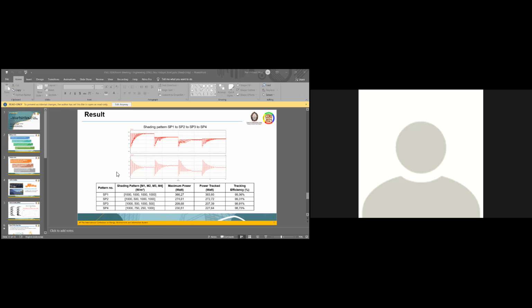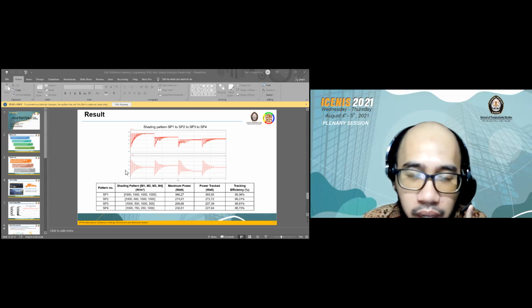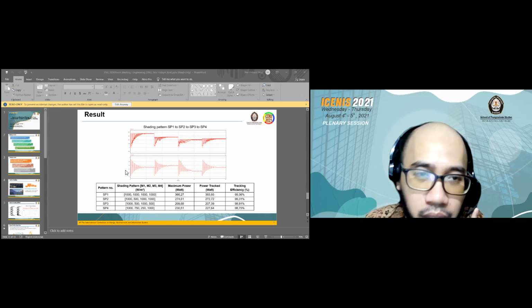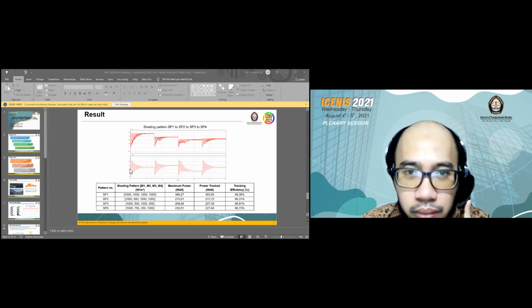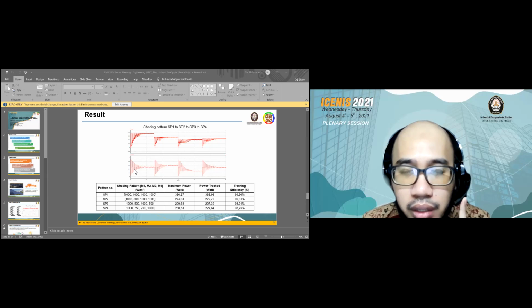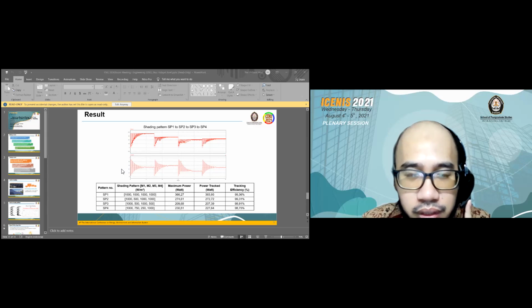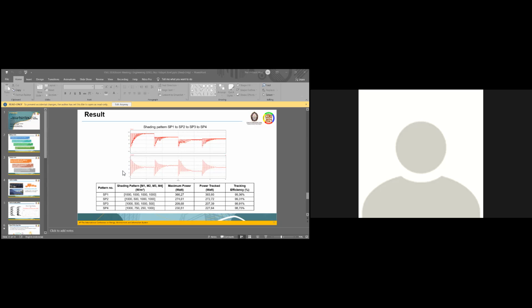As for the weather, maybe rain or something like that does not contribute to your research? No, it's only the solar irradiance for my research. The temperature itself can be developed for another project. It's only the shading condition.